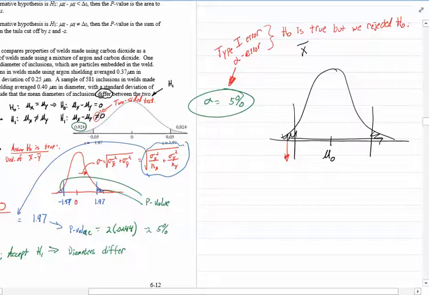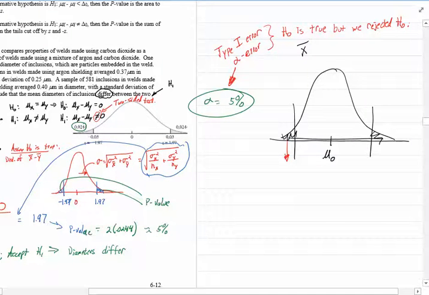So if we reduced alpha, we could reduce that type of error, right? So think about this. Alpha is the level of evidence we're requiring when we put this null hypothesis on trial. If we require a greater and greater amount of evidence, then we're going to make this mistake less often. Right? As alpha's further and further out, our signal has to be really, really big before we reject the null hypothesis.